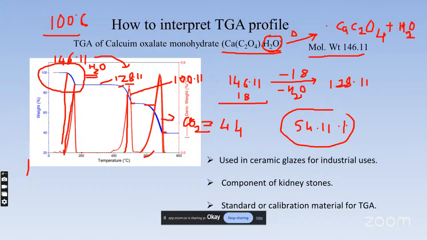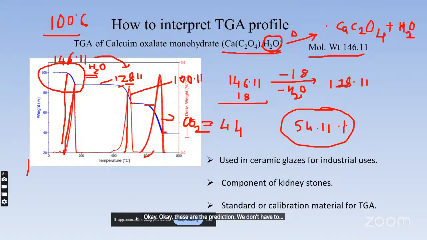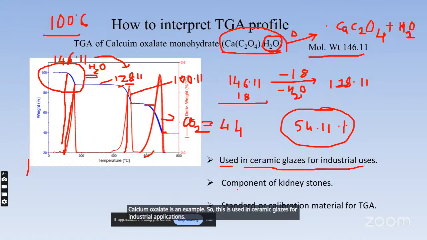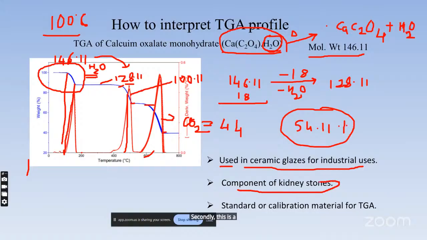Okay, these are the predictions. We don't have to understand anything about it. We have to predict theoretically which reaction is like this. Now, first of all, we will see why we have to take calcium oxalate as an example. This is used in ceramic glazes for industrial applications. Secondly, this is a component of kidney stone in human beings.